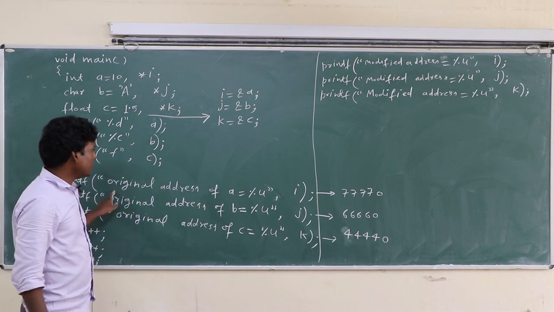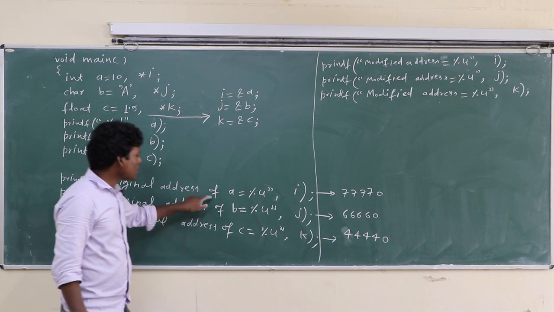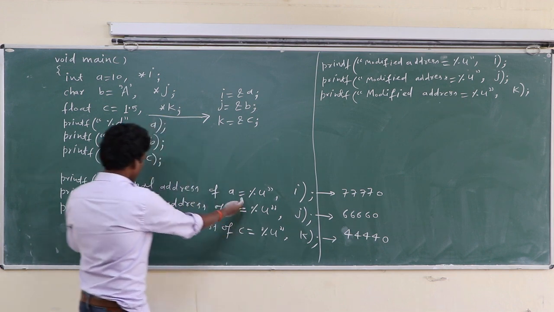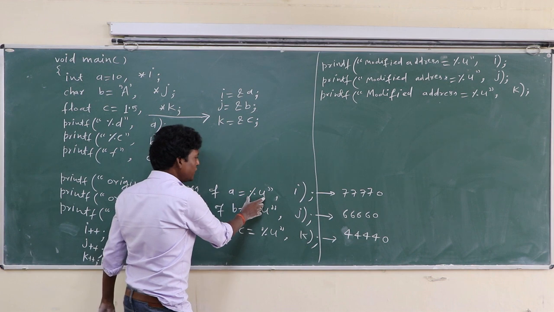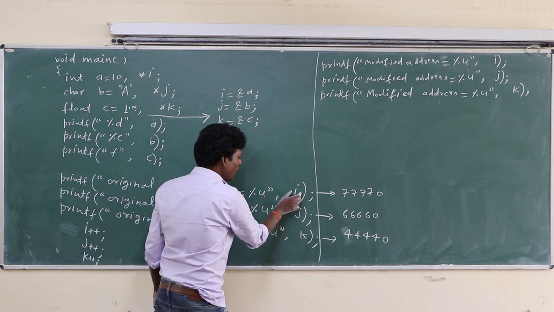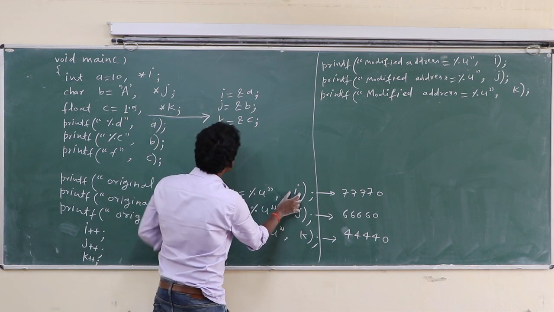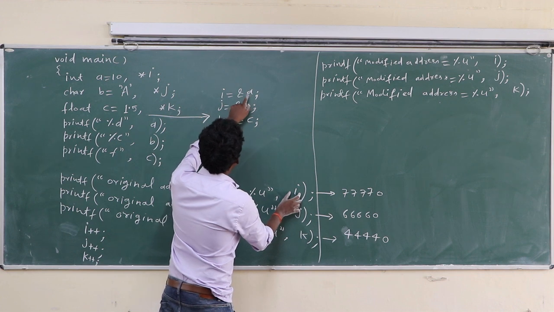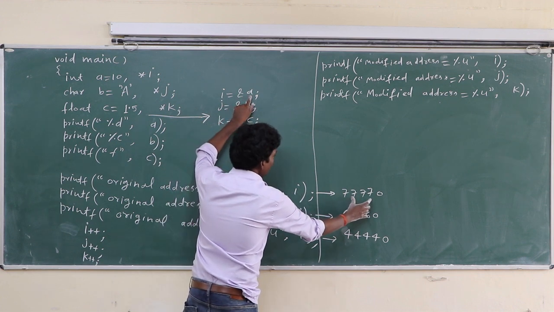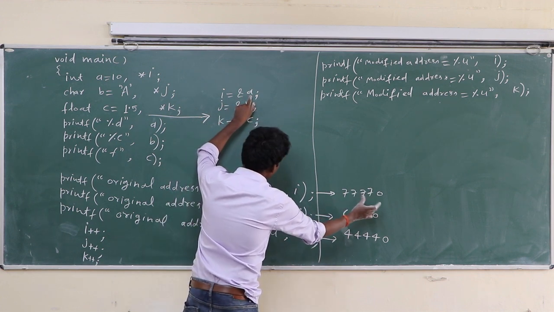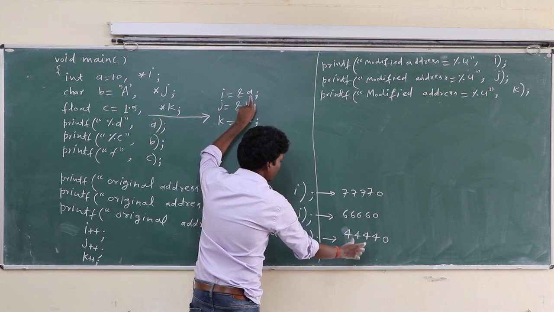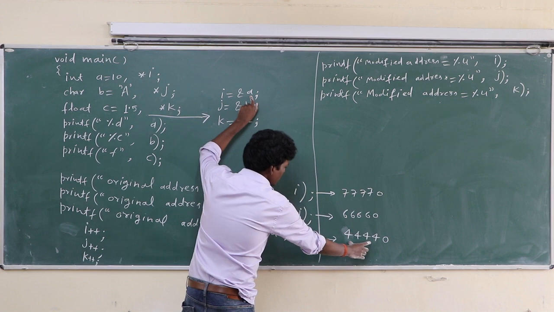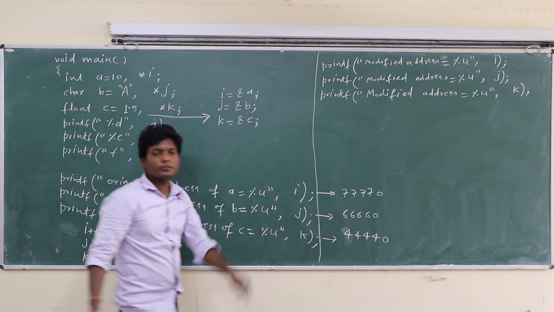This line is copied here, and in place of %u this will be printed. So i will be printed. i has the value, basically address of a. Suppose address of a is this, so this will be printed here. Address of b is this, so this will be printed here. Address of c is this, will be printed here.